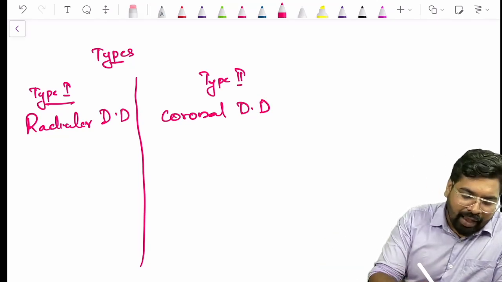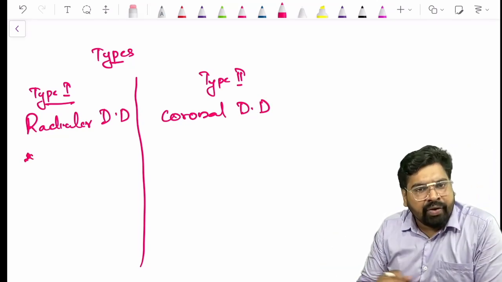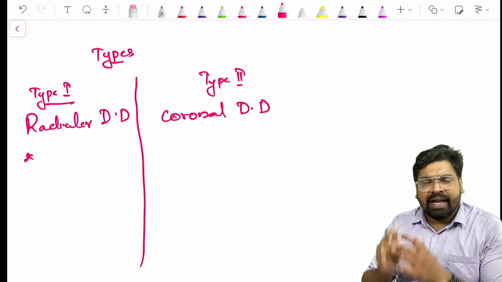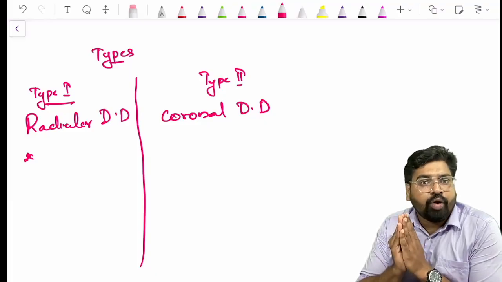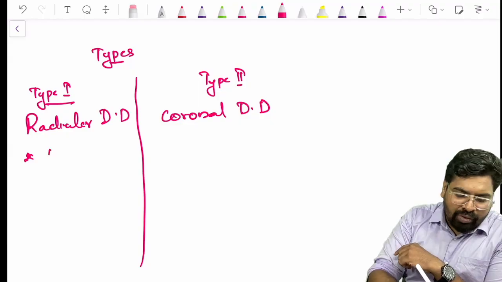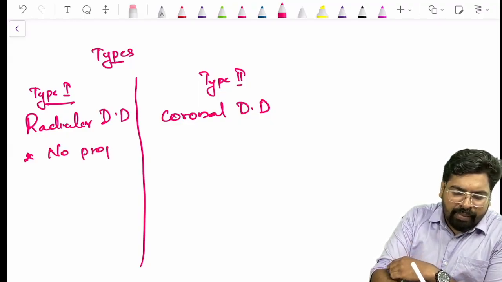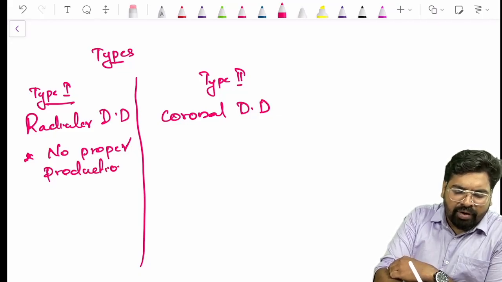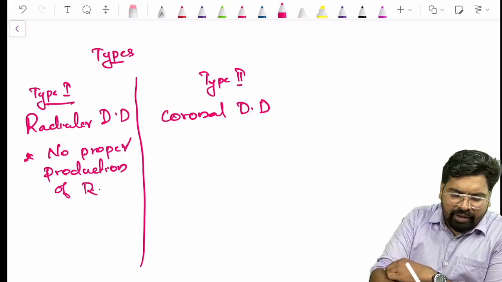Now, what is happening in radicular dentin dysplasia? Here the roots are affected, the dentin is not produced or structured properly in the root.